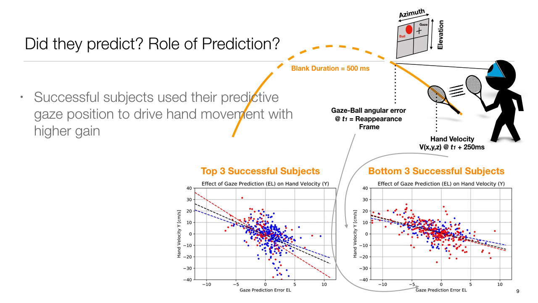So it sounds like there is a linear relationship between vertical predictive gaze error and vertical hand velocity.